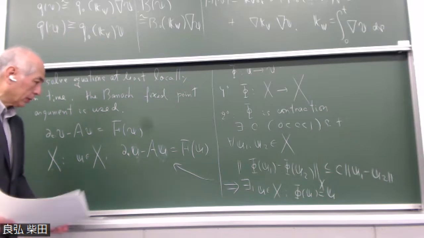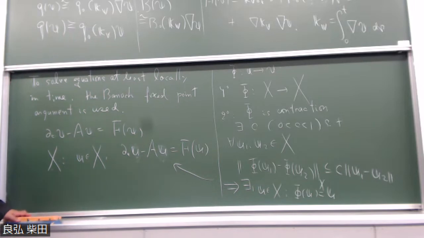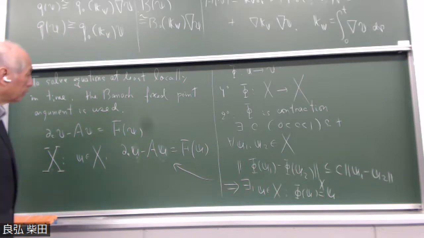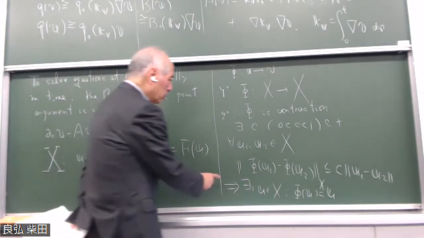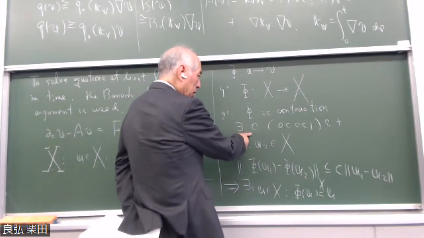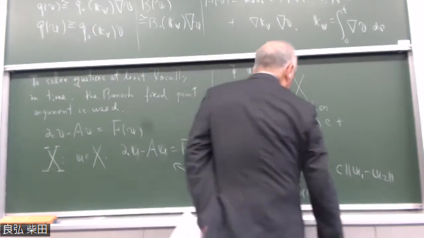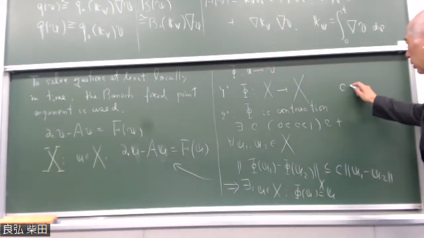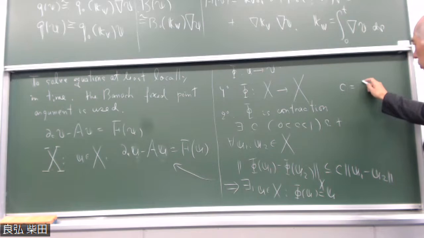Then, what is the problem? First, we have to define X. And then, secondly, how to prove the existence of c. Usually, you can get c as some kind of constant times T to some power.